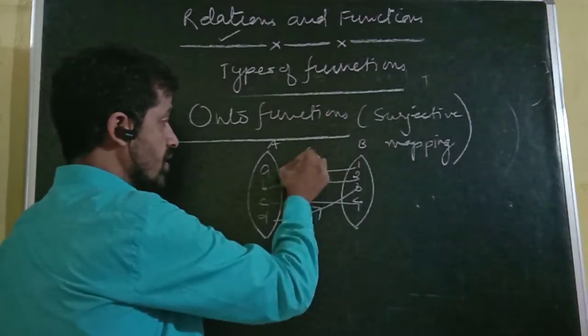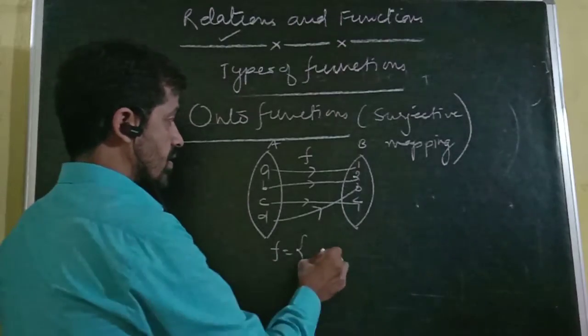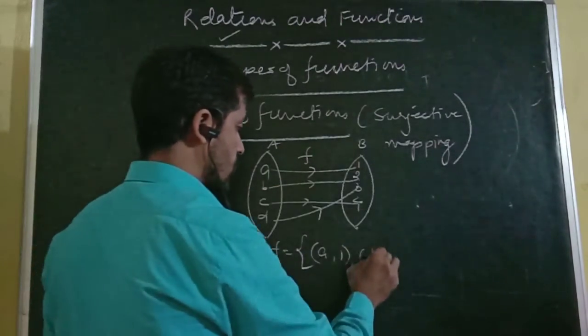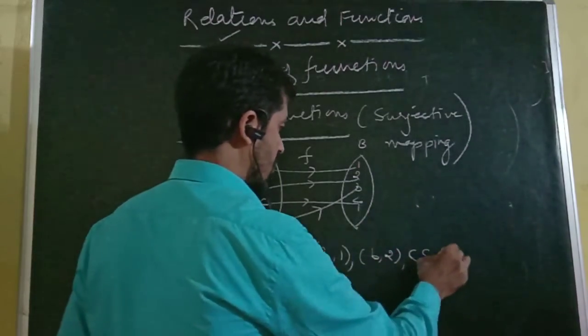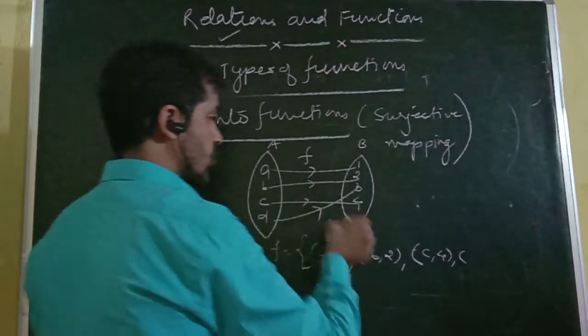Now we write down this correspondence in the form of f equals {(a, 1), (b, 2), (c, 4), and (d, 3)}.